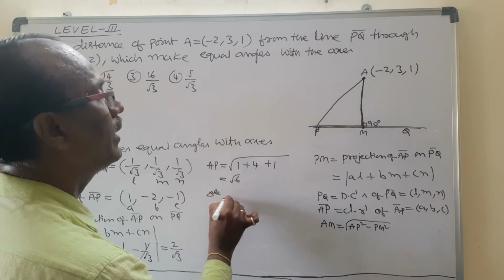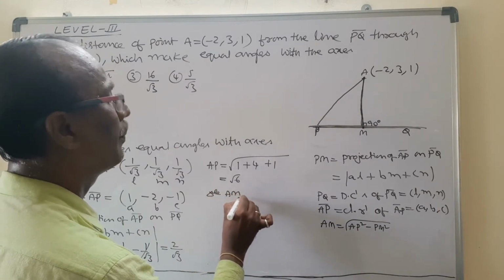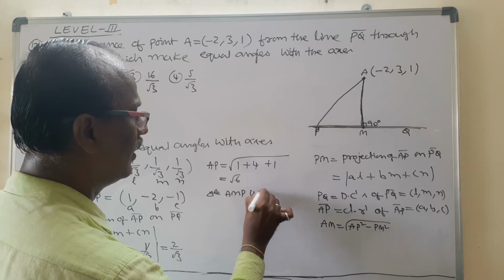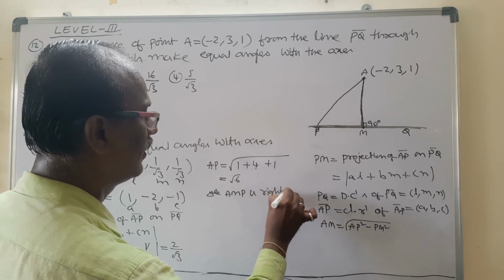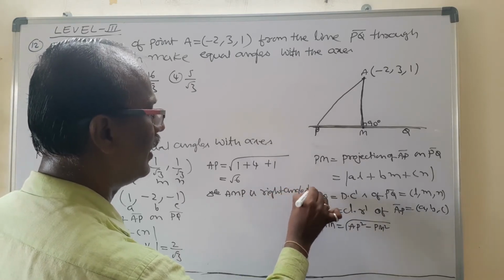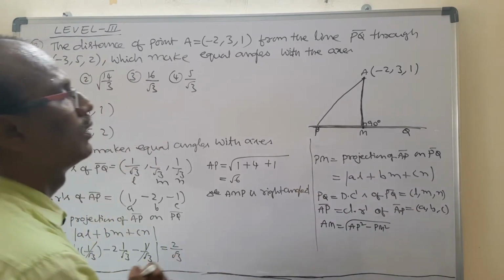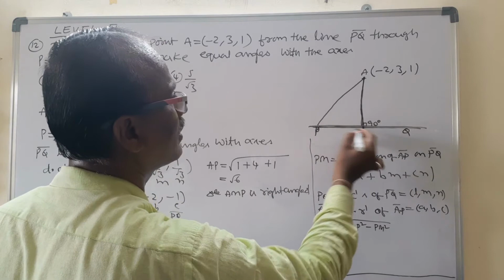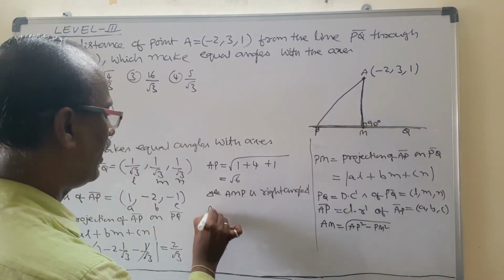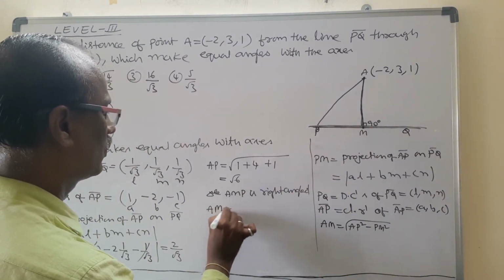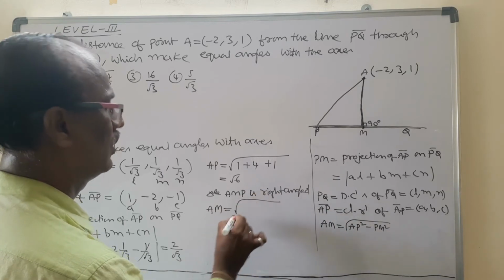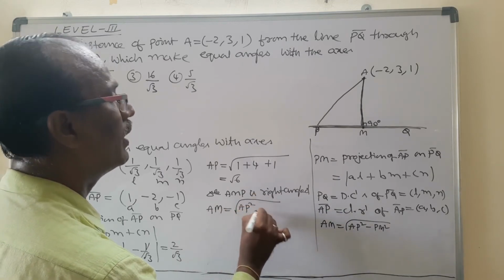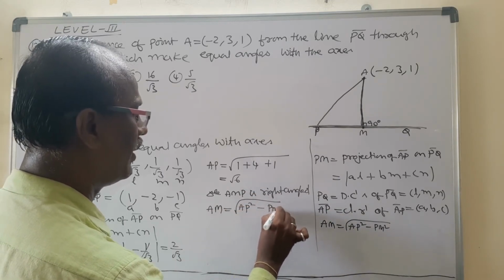To find the length AM, this is a right angle triangle AMP, and AP is the hypotenuse. To find AM, it is hypotenuse square minus side square. AM equals the square root of AP square minus PM square.